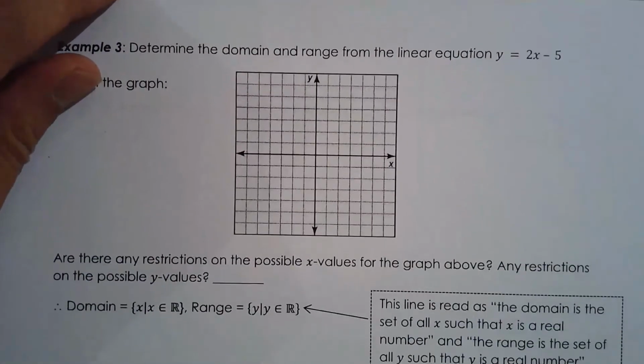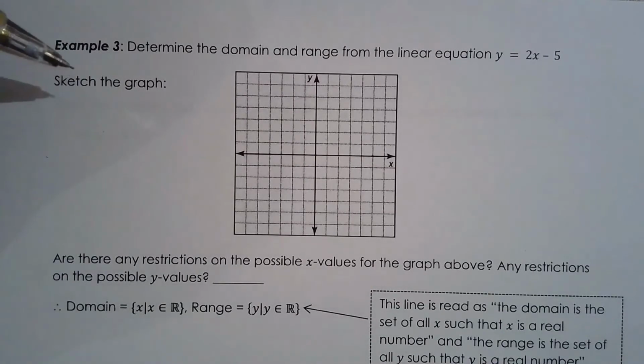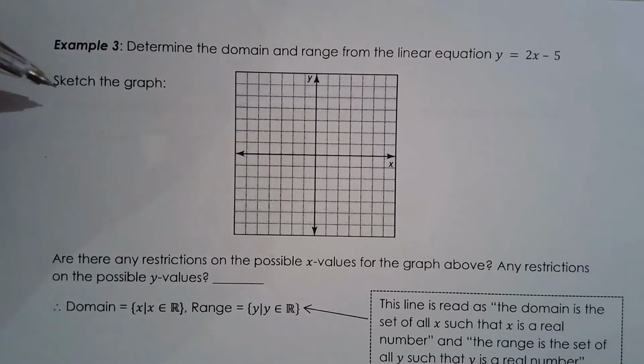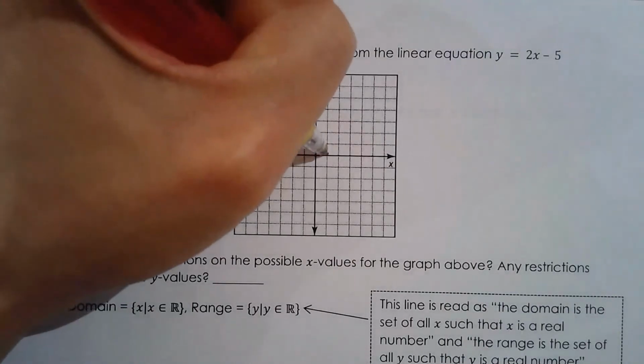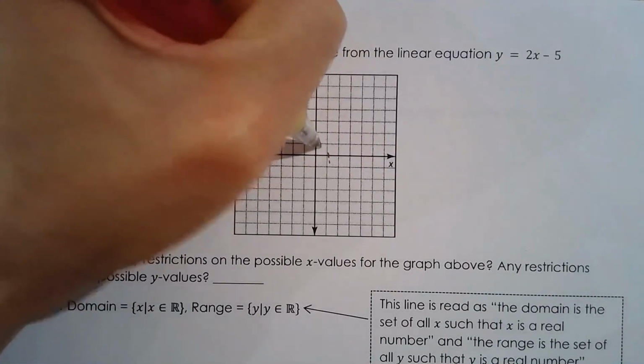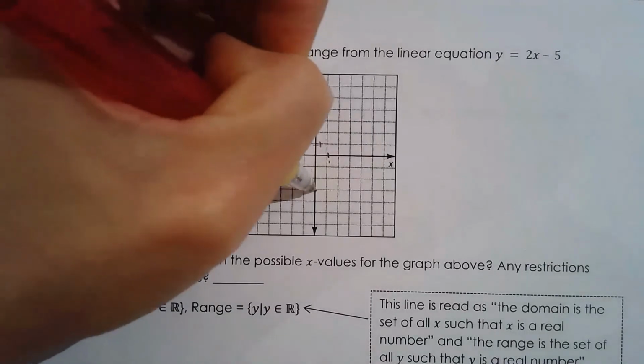Let's see. We have the equation y equals 2x minus 5, and you could state the domain and range just from the equation, but like I said, it really helps if you have the graph. So I'm going to graph it. I'll give ourselves a nice scale here: 1, 2, 3, 4, 5.